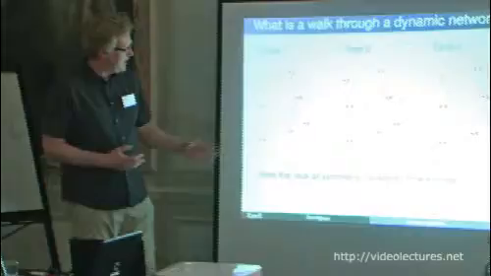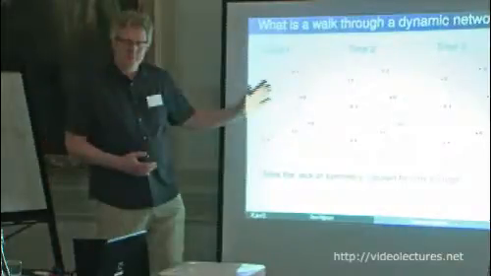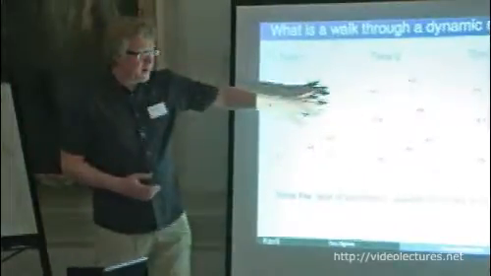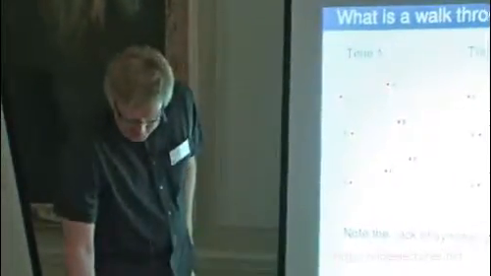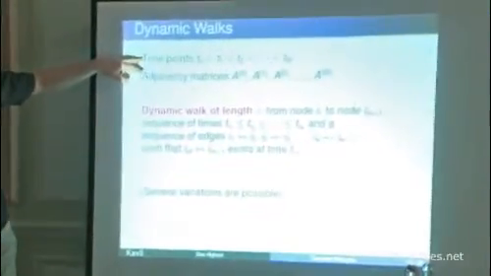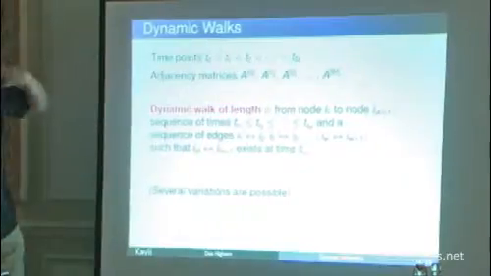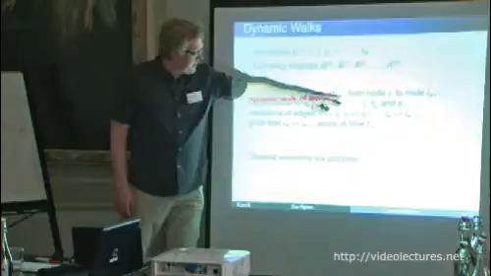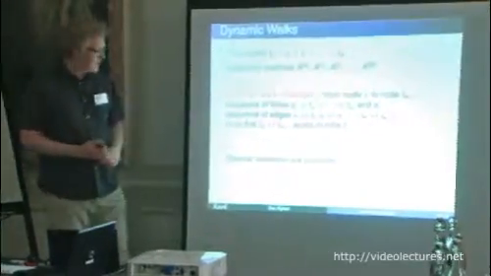But as Mark said yesterday, there's a fairly obvious idea of walking around. You can just use the edges that are available, and then at the next time point you can use more edges. In this notation, where t_k are the time points and A_k the corresponding adjacency matrices, you can define a dynamic walk. The length is the number of edges that you go across.